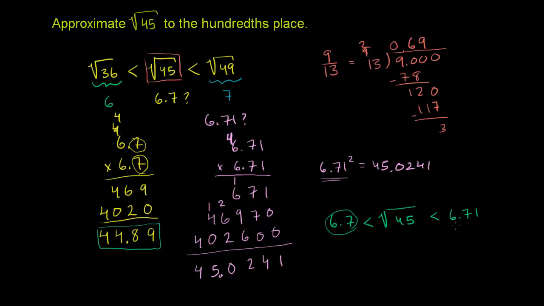And if we look at 6.71 squared, we're only 2.4 hundredths above 45. So this right here is closer to the square root of 45. So if we approximate to the hundredths place, we definitely want to go with 6.71.